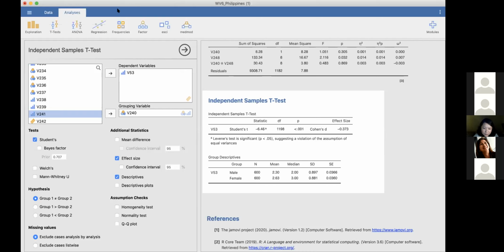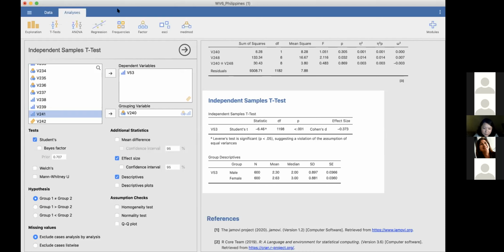Or sabi ni Tal, men tend to agree more on the belief that, okay, males make better executives than women, okay? Or the other way around. Female respondents disagree more than men. Good. Okay? So again, remember, when you report a t-test, don't stop at saying it's significant. You want to also describe the pattern that you see.